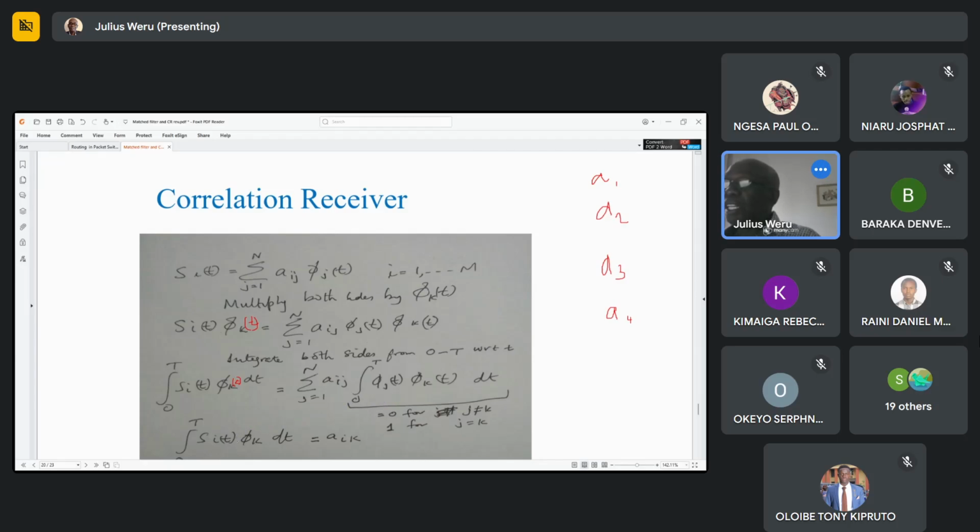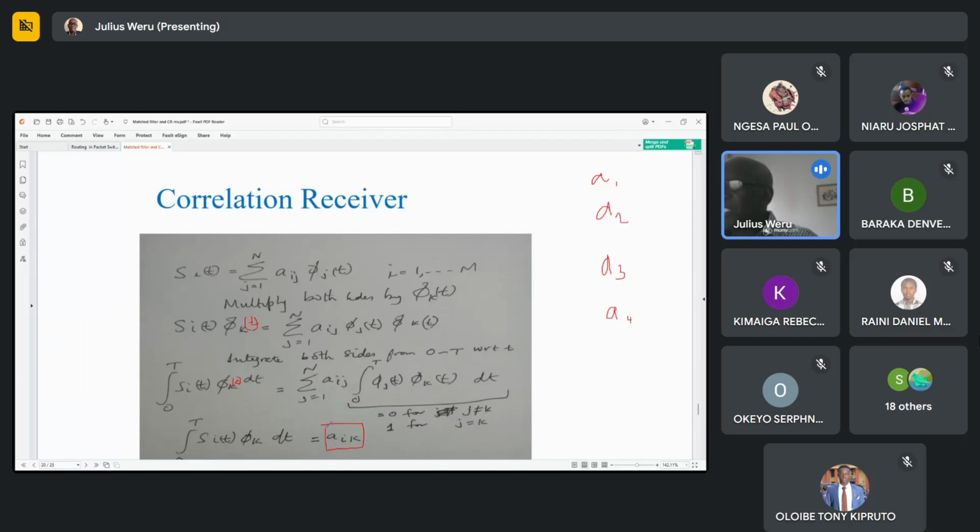So this will be a_ik, because it will be 0 when j is not equal to k. So we can say this is equal to a_ik.